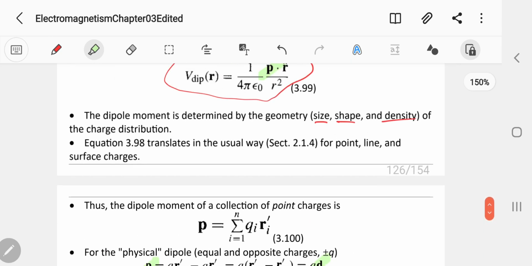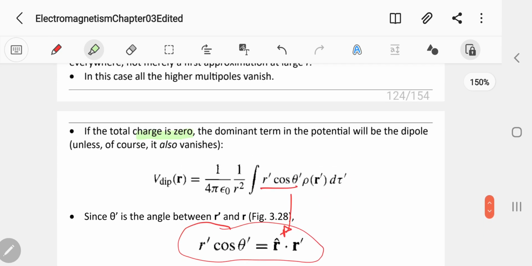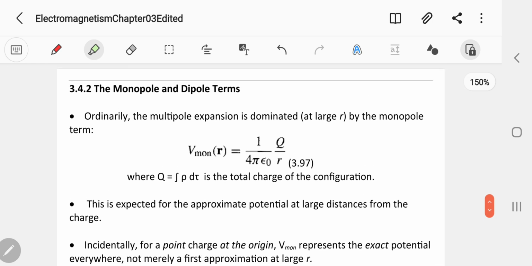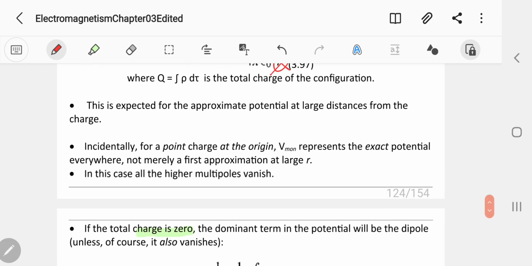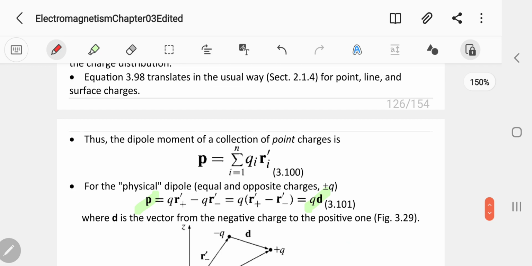But for the monopole, if you change the location of Q, then this one is not anymore R, but you have to use the scripted R. That is the distance between the charge and the point where you are measuring the potential.